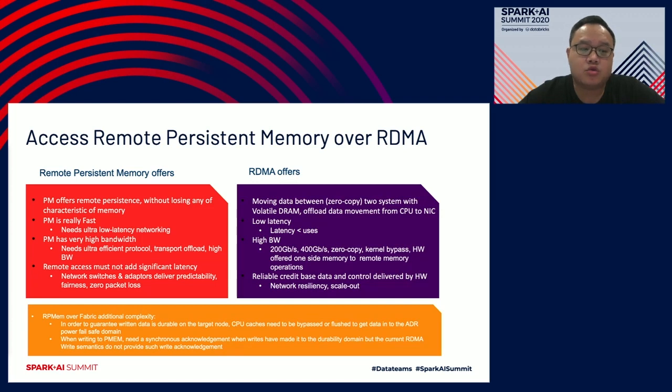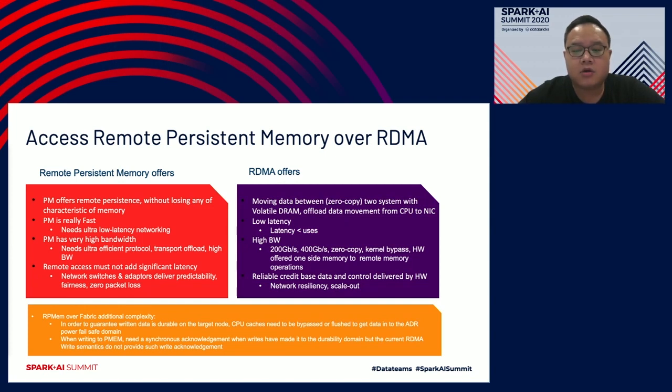It's like 2 gigabytes for very small reads, and 6 gigabytes for large sequential reads. So you will need a very efficient protocol. The remote access must not add significant latency, otherwise you will lose the bandwidth and latency benefit you can get from persistent memory.